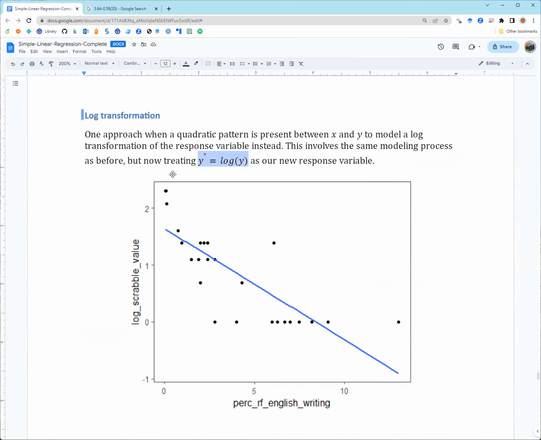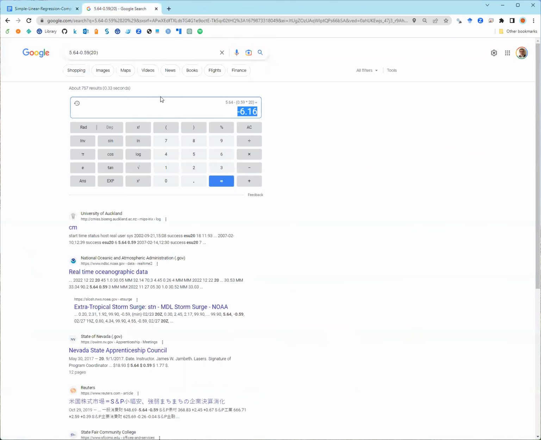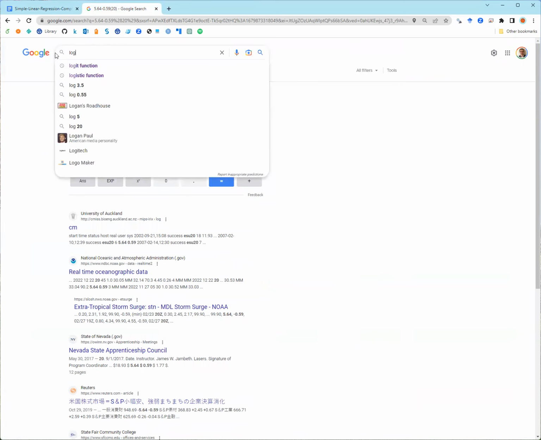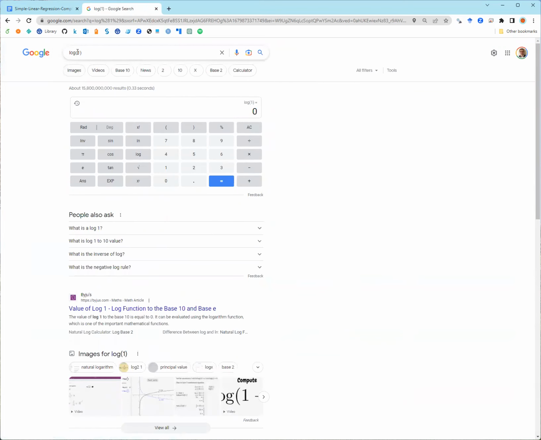So here, for example, in R, we calculated the log of the Scrabble tile value and instead are modeling that using the percent relative frequency in English writing. So log is a function that we can use, and it's a nice function. Every positive number you can calculate the log of. So for example, the natural log of 1 is 0.